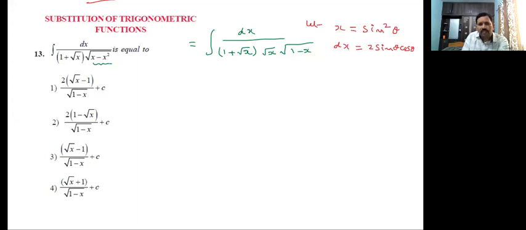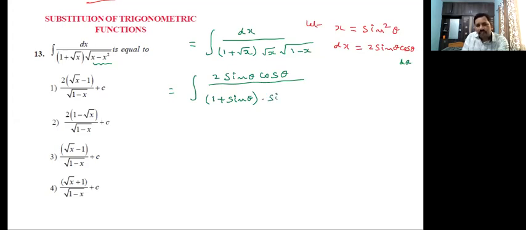Now substitute those values here. dx means 2 sine theta cos theta d theta, divided by, in place of x substitute sine square theta: 1 plus root sine square theta, the square root is going to cancel, root sine square theta gives sine theta, under root 1 minus sine square theta.